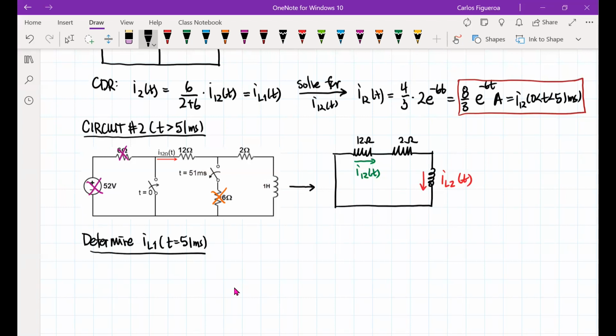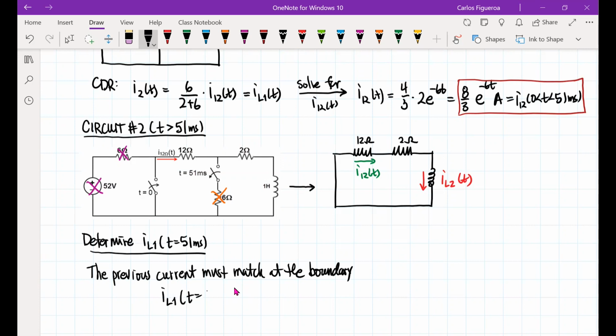Well, because this is an inductor current, this tells me that the previous current must match at the boundary. So in other words, IL1 at t equals 51 milliseconds must equal IL2 at t equals 51 milliseconds.